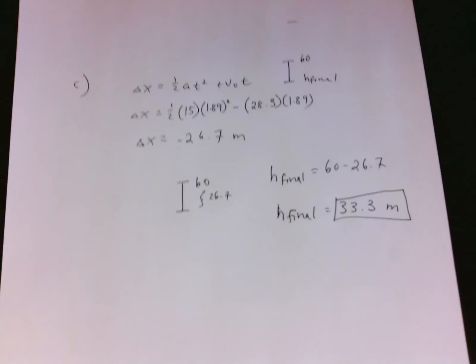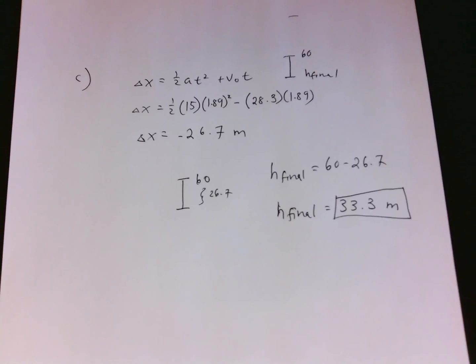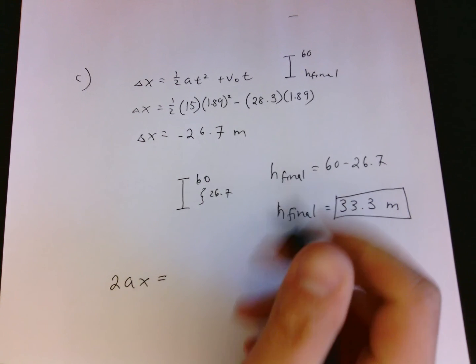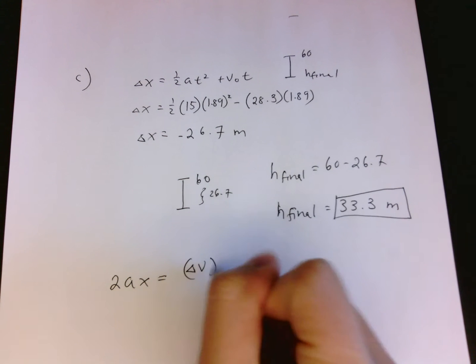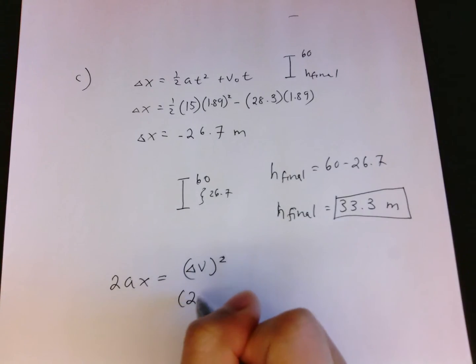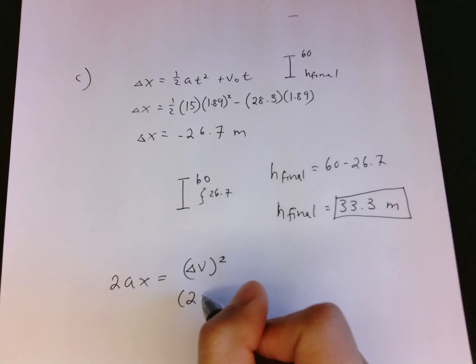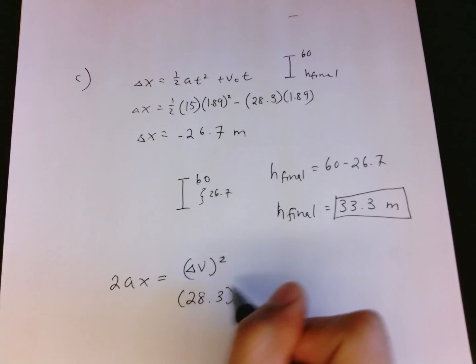I also said I'd show you an alternate method, which is simpler because it only uses a few variables. Remember, 2ax equals delta v squared, and we know that delta v is 28.3.